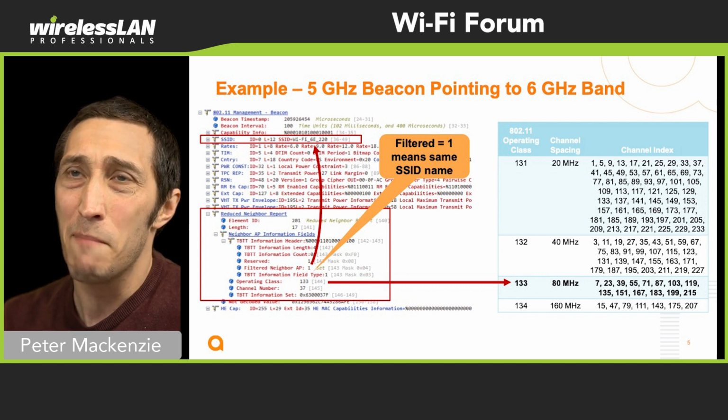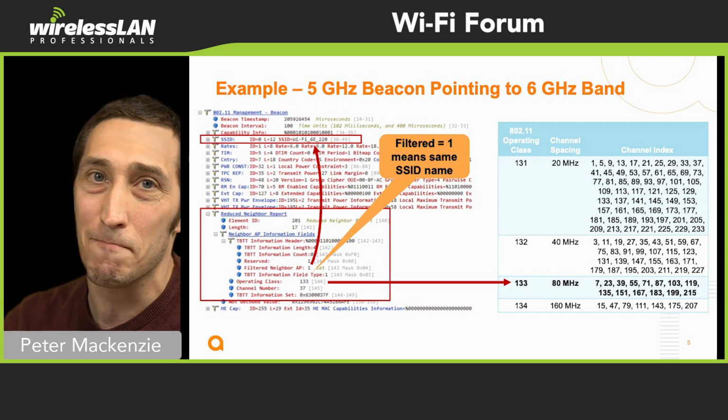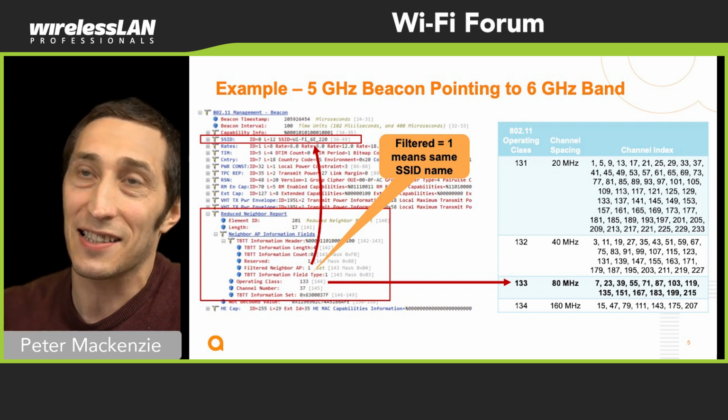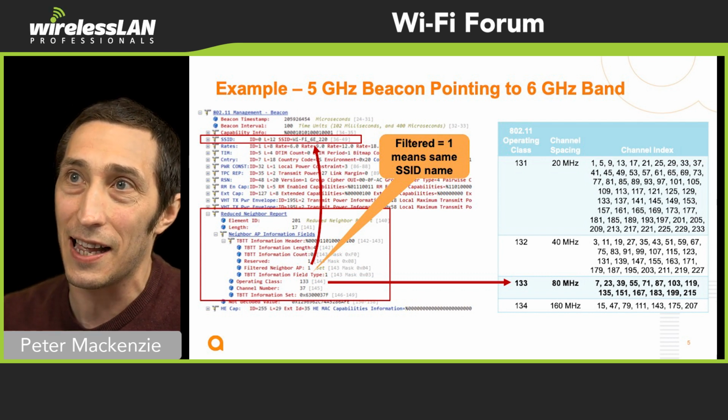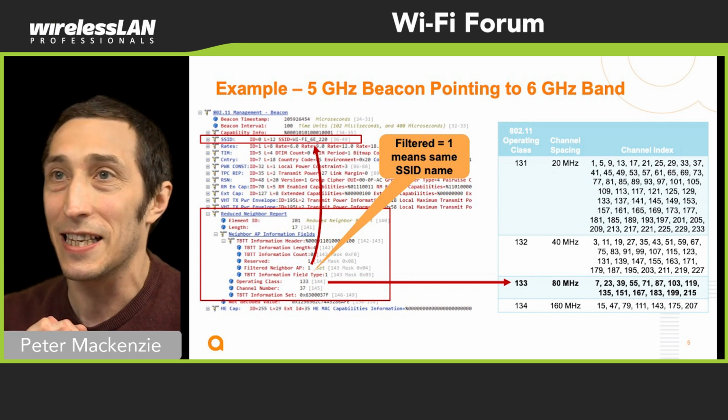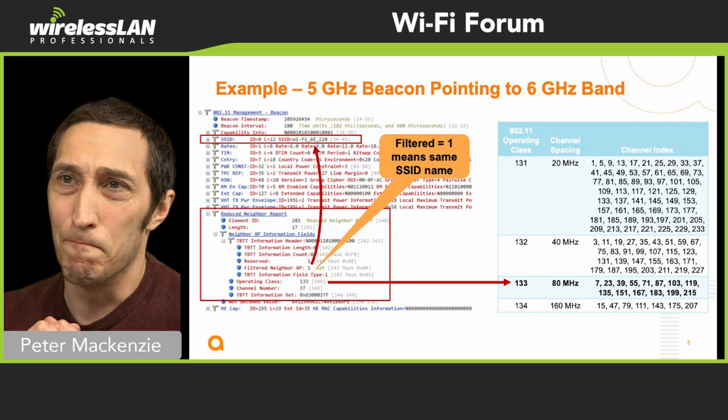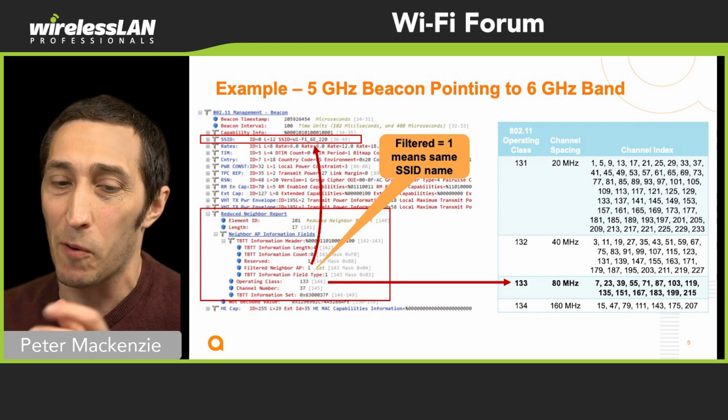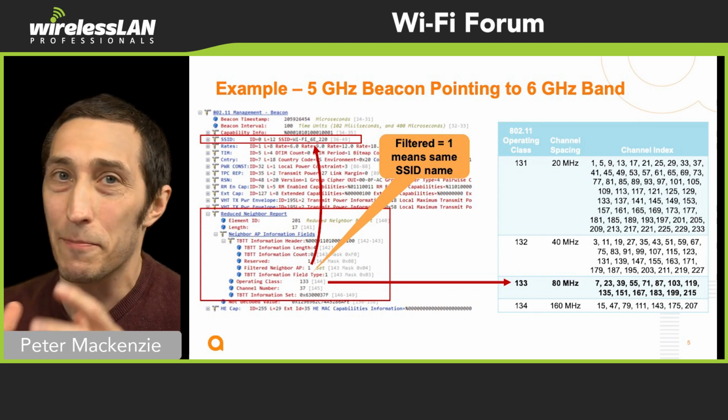So there's a number of mechanisms coming with 802.11ax and in 6 gigahertz, which are aiming to help alleviate that problem. Some of these methods I think are probably quite useful. Some of them might be less useful.